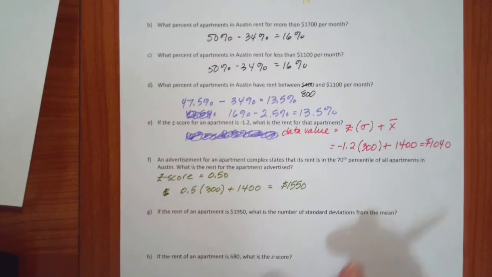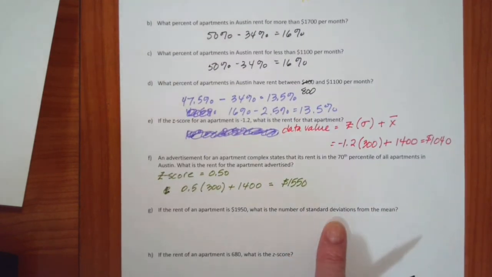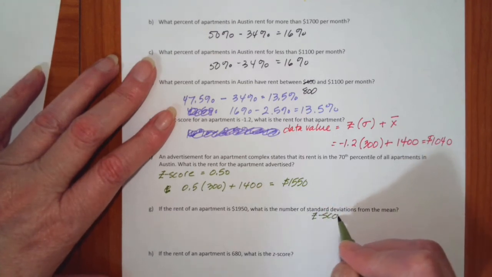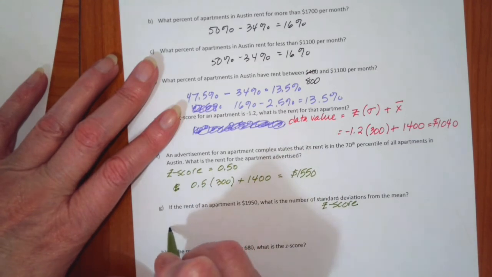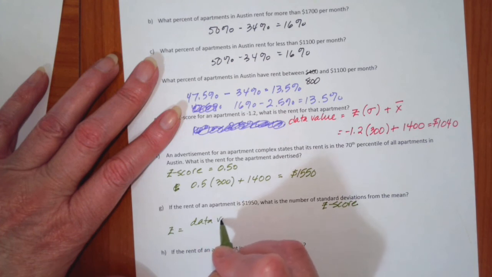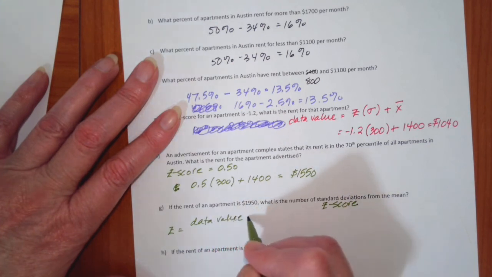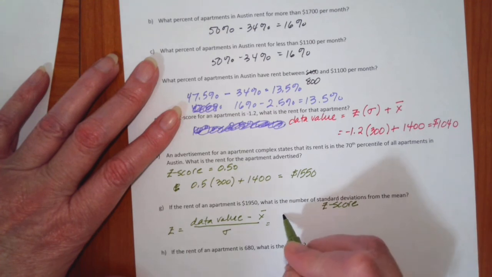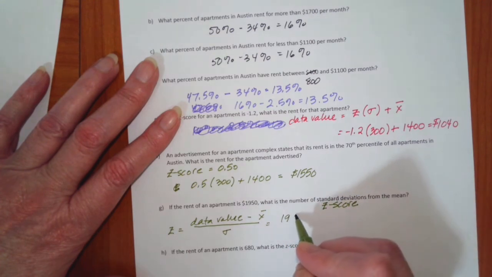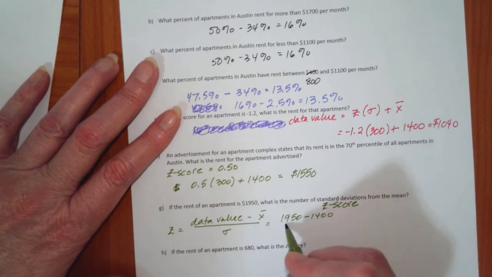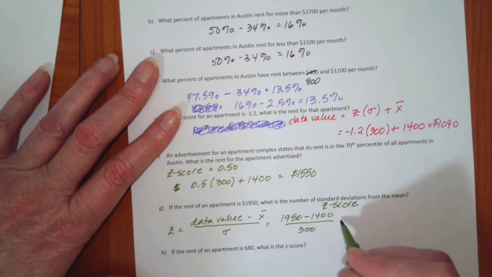Okay, if the rent of an apartment is 1950, what is the number of standard deviations? So I'm just looking for a z-score. So we know that the z-score is equal to the data value minus the mean divided by the standard deviation. So that gives us 1950 minus 1400 divided by 300.